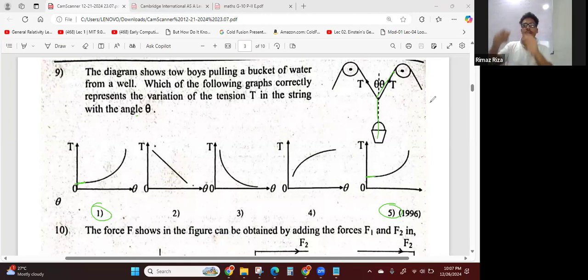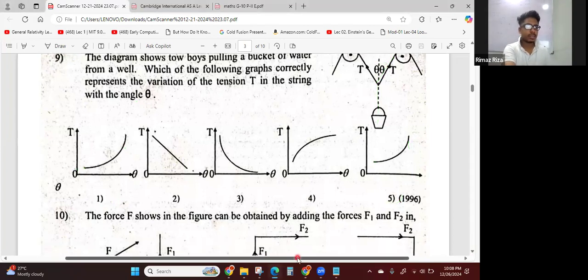Even your mothers might know this. You need to apply a larger force to make it horizontal. So the force required will be enormous when this angle reaches 90 degrees. So the answer is either the first one or the fifth one, but let's see. I'll get you the correct answer.